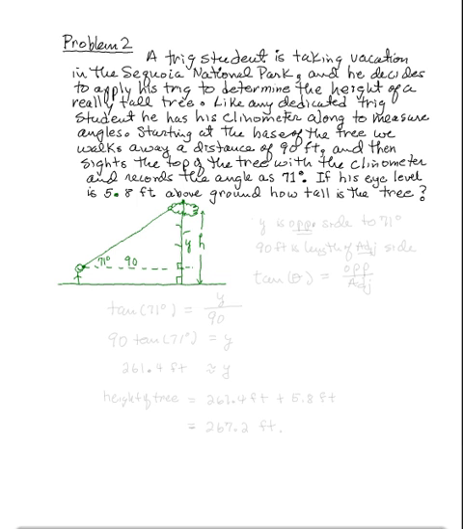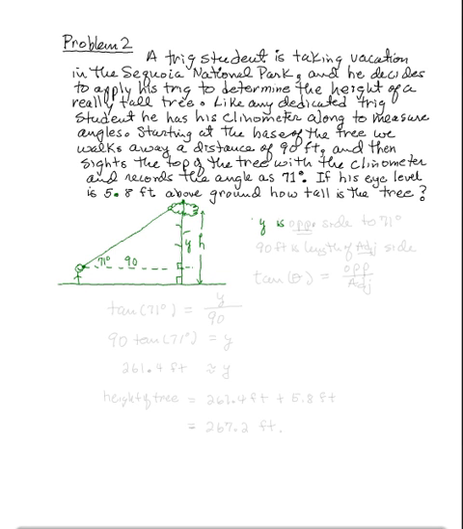So we have to do the same thing we did last time. Think about which side of the triangle is y and which side do we know, relative to the angle 71 degrees. So 71 degrees, if we look across from that angle, the opposite side is y.